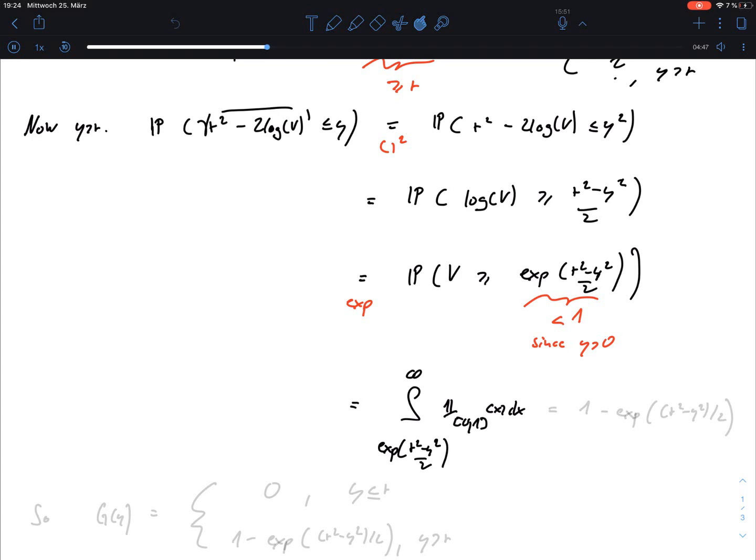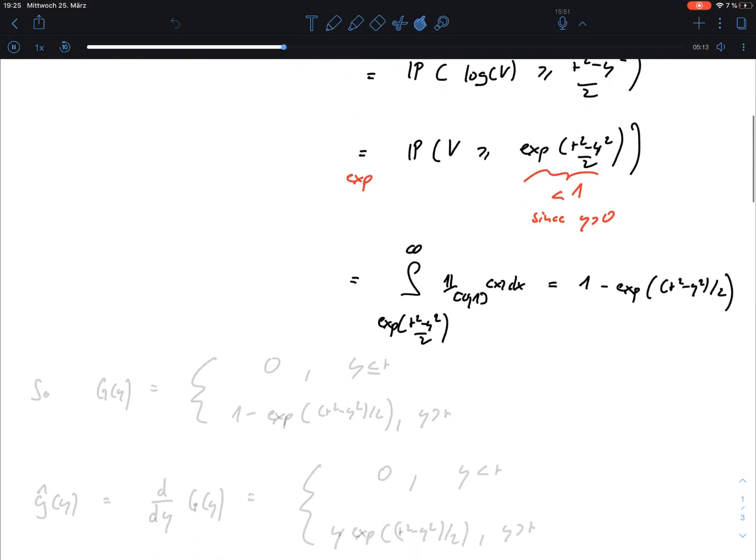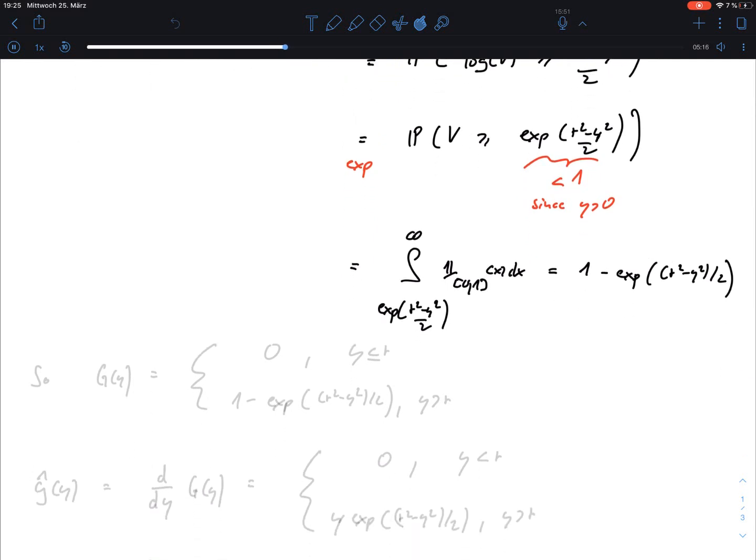So what we get is just 1, because the upper bound will reduce to 1, minus the lower bound. So this is a distribution function, or at least the interesting part of it.